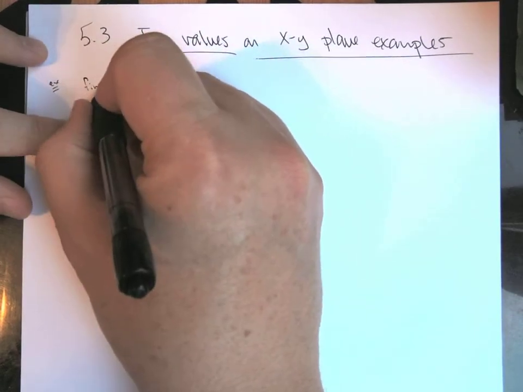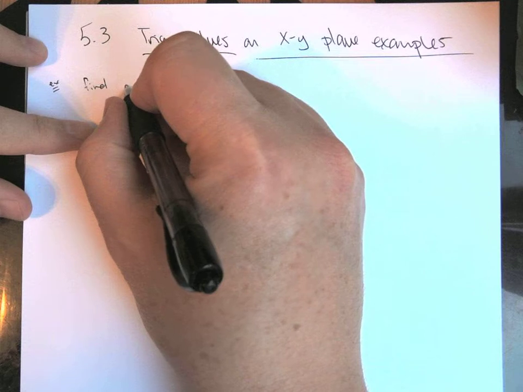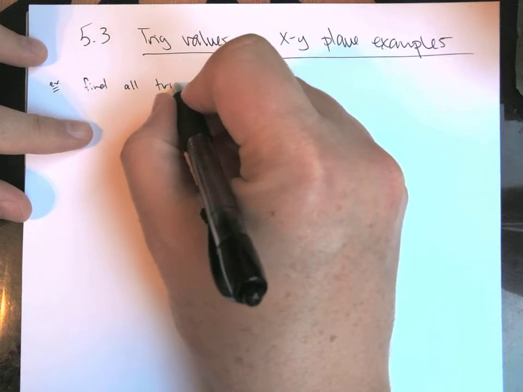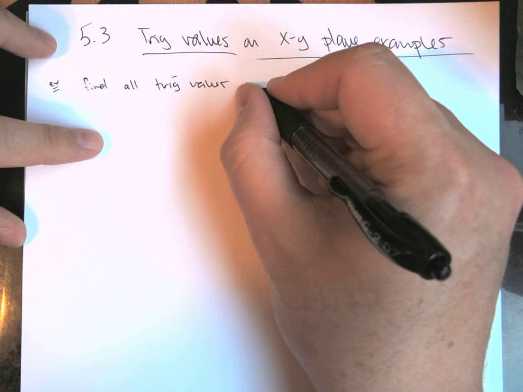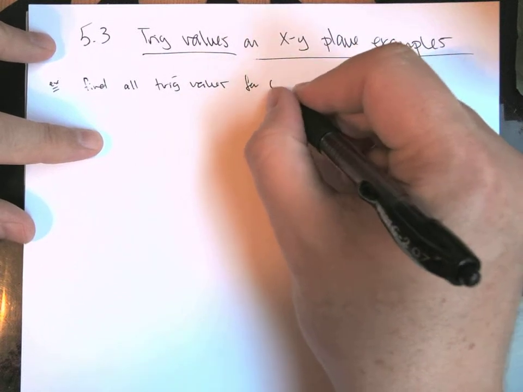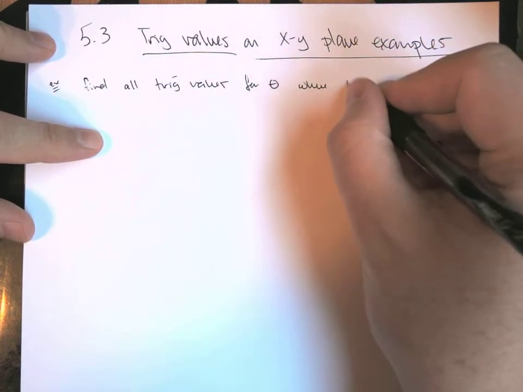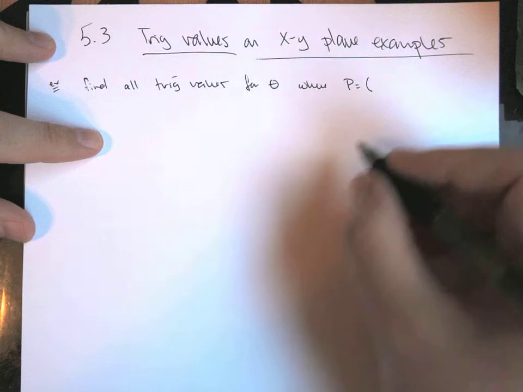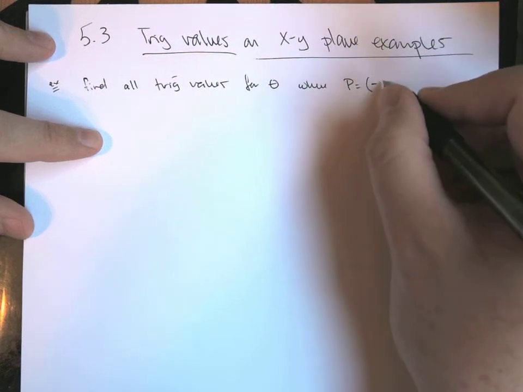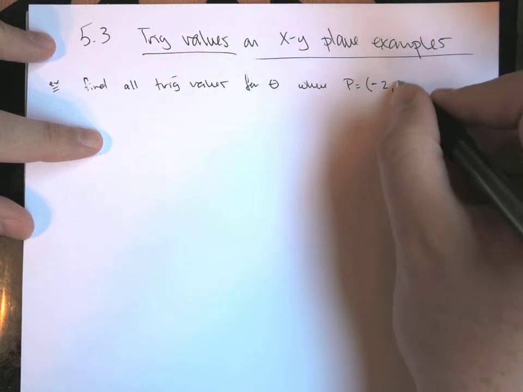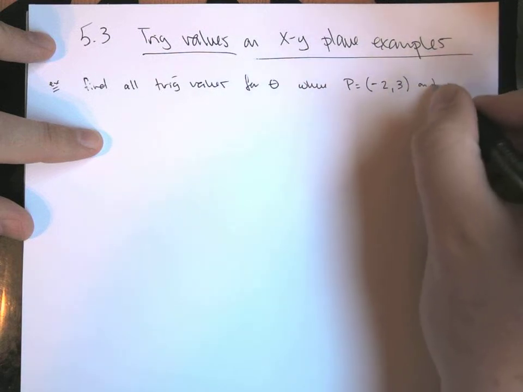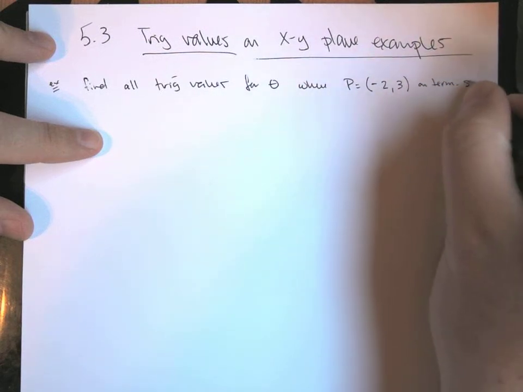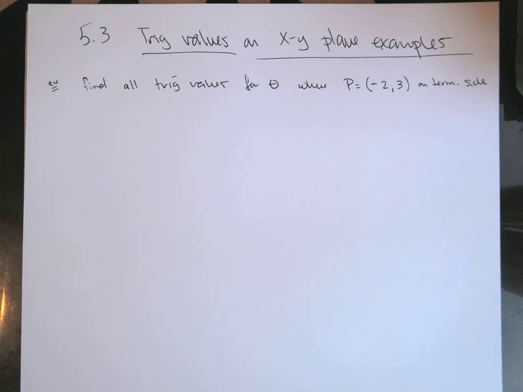Find all trig values for angle theta where the point on the terminal side equals, so we'll keep our numbers semi-reasonable, -2, 3. So our point is -2, 3.